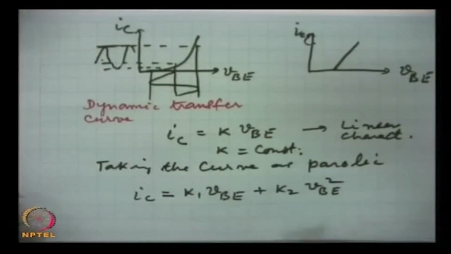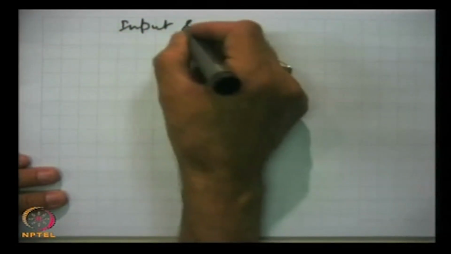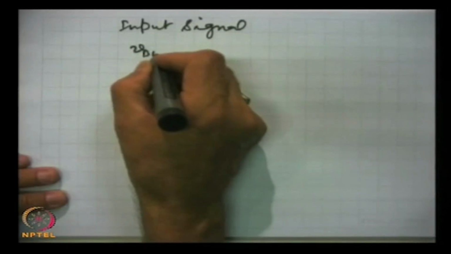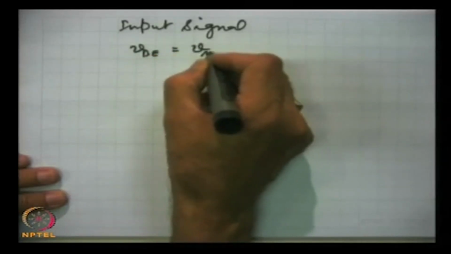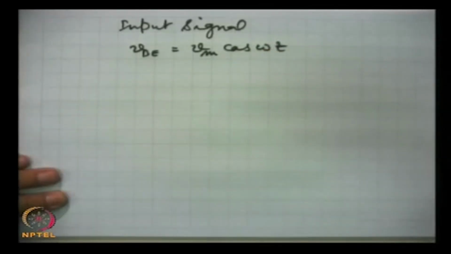This is the equation of a parabola. Now, let the input signal be sinusoidal, of the form VBE equals Vm cos omega t, where Vm is the maximum amplitude and omega is the angular frequency of the signal. So, this is the equation of the input sinusoidal signal.